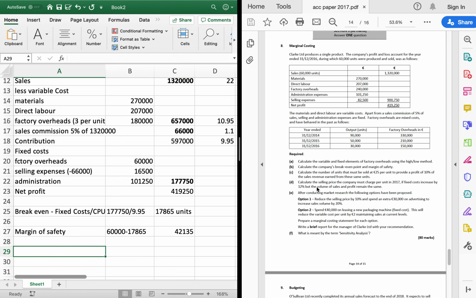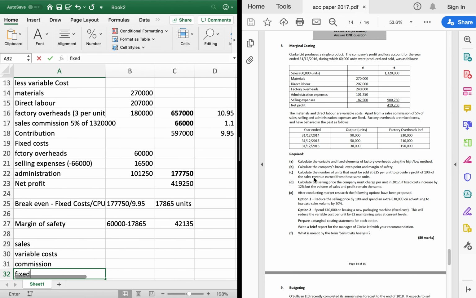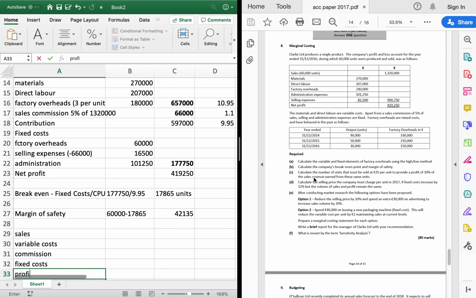So calculate the number of units that must be sold at 25 to make a profit of 10% of the sales revenue earned from these sales units. So we got sales, variable costs, commission, fixed costs, and profit.